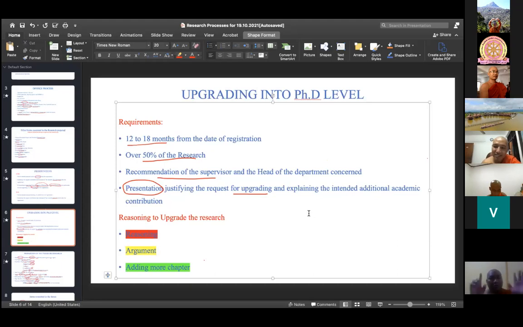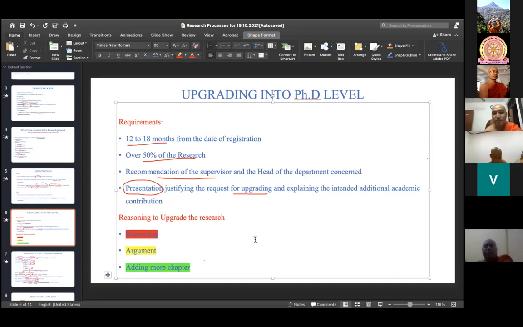I'm just giving you the first one, by giving reasoning. Otherwise, by giving an argument about the previous research. For example, in this book, the researcher says Sila is in that way. No, I don't think so. This one I could not accept. This one is not correct. You can say in your reasoning to upgrade it, let's add more chapters.